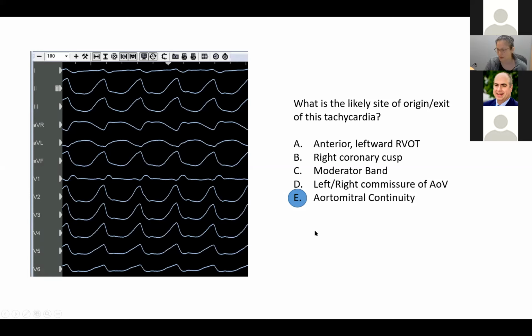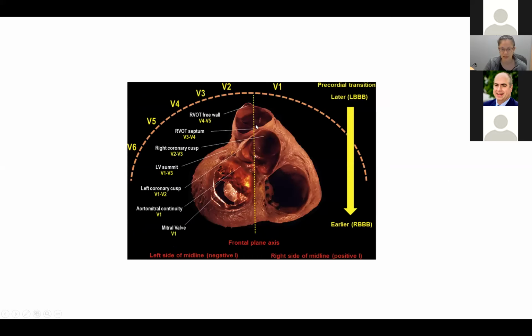It's not always the case that you would find it there, but I think that that's probably the most consistent. If we go back to our little figure here, that's kind of the area that we're talking about, with a little right bundle. And then if we think about where the other VT morphology is located, these are the two sites that we're looking at.